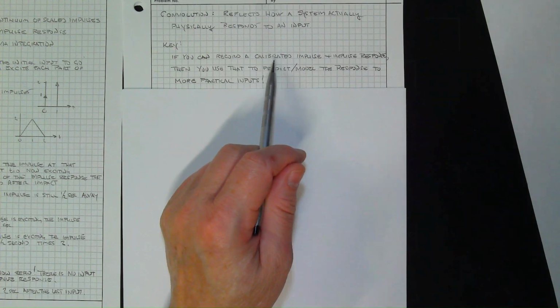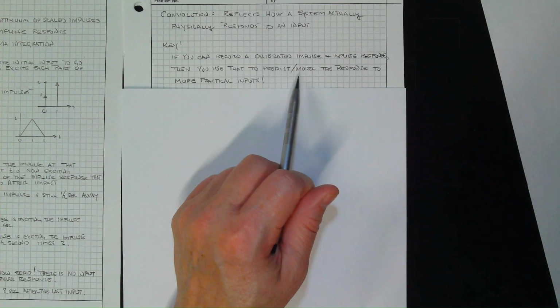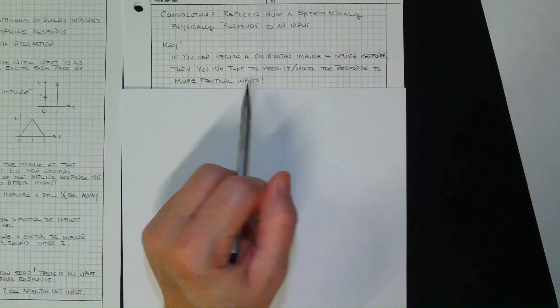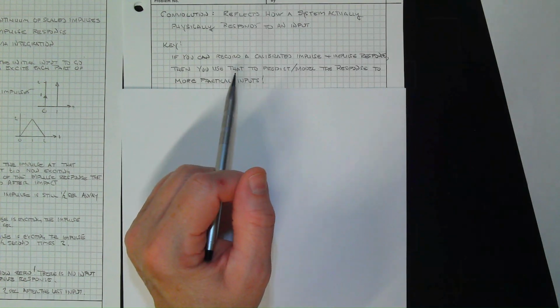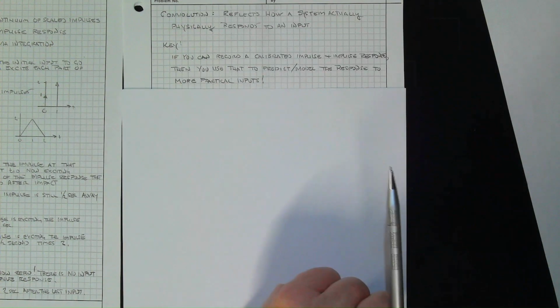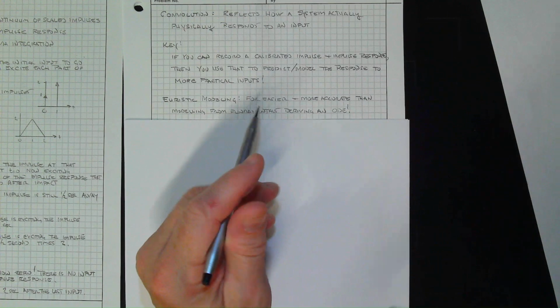Okay, this means if you can record a calibrated impulse and impulse response, you can use that to predict and model the response for more practical inputs, like a step input, a sinusoidal input. Once you know the impulse response, that integral applies. All right, and here's the thing that's important.